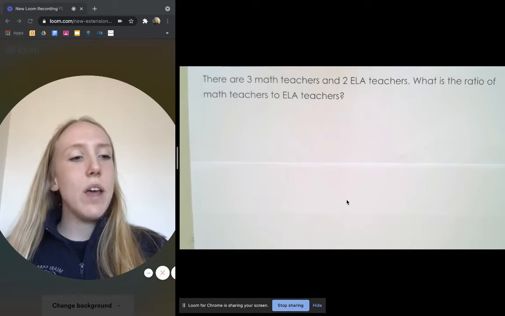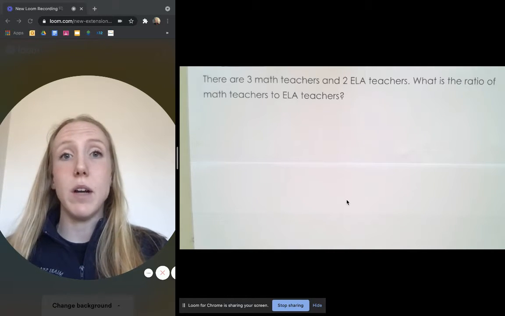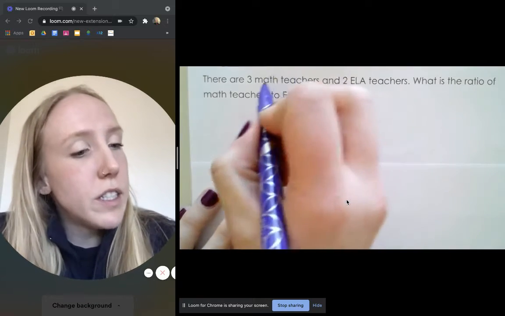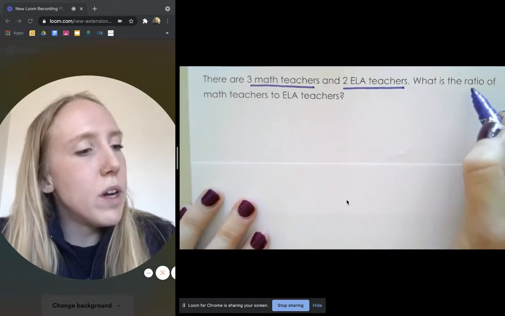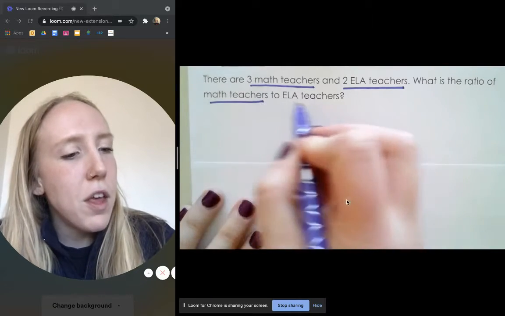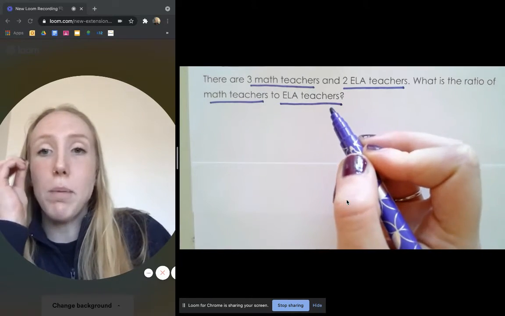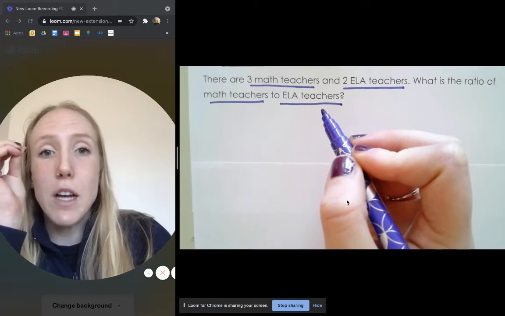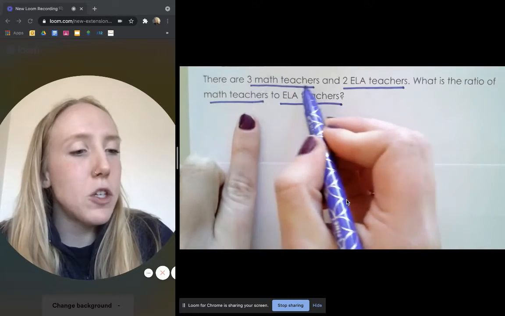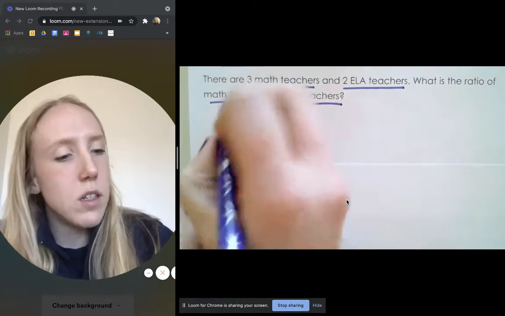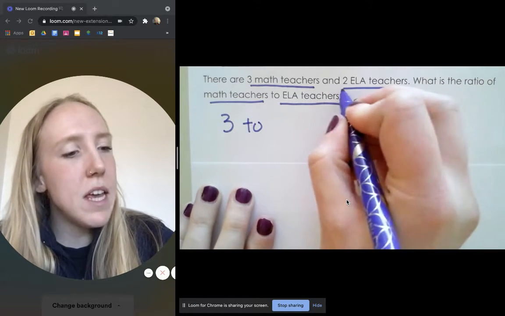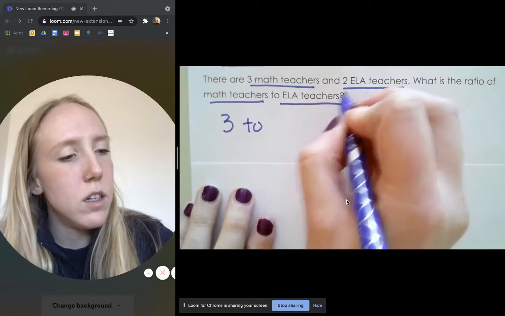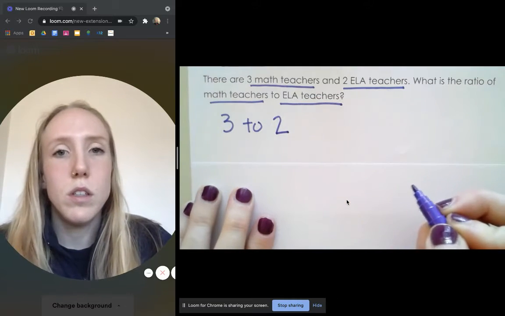Okay, so if you took a minute to write this ratio, notice that it says 3 math teachers and 2 ELA teachers. What is the ratio of math to ELA? So we have to put math as the first number. How many math teachers were there? 3. How many ELA teachers were there? 2.